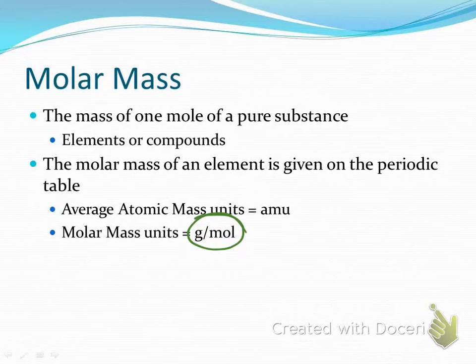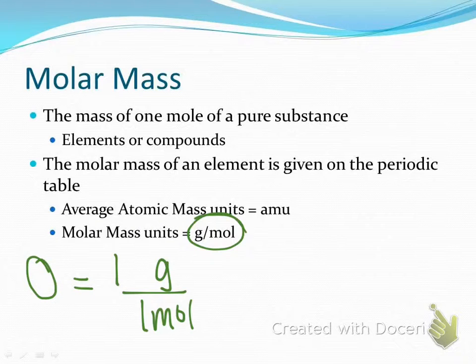What this is telling us is that we have this many grams over 1 mole of our substance. So for oxygen, for example, 1 mole of oxygen weighs 16 grams, 15.999, which I'm rounding up to 16. Okay, are we clear on that? Don't let that part trip you up.